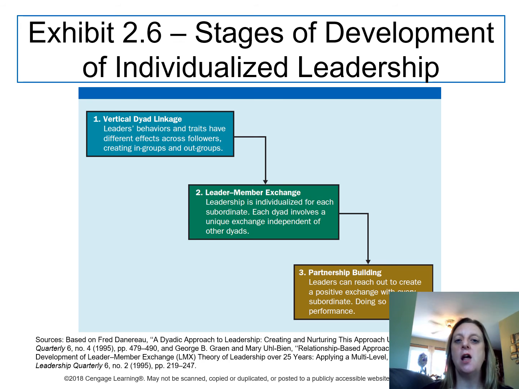Well, here's another research-based model of leadership that has been identified. So individualized leadership is a theory based on the notion that a leader develops a unique relationship with each subordinate or group member, which determines how the leaders behave toward the member and how the member responds to the leader.